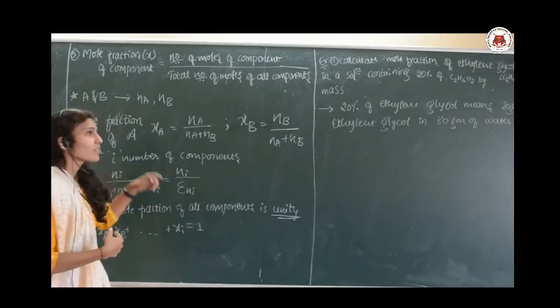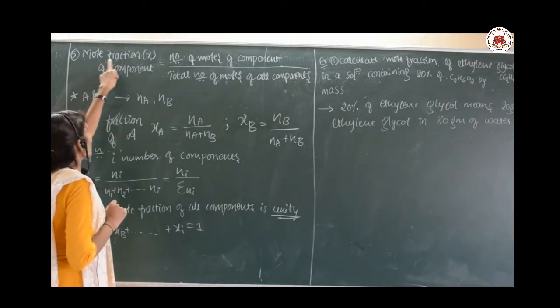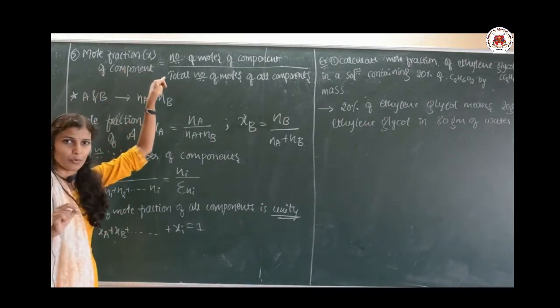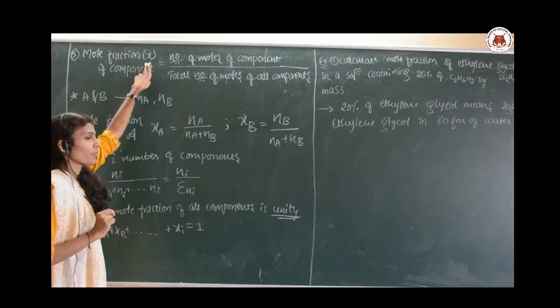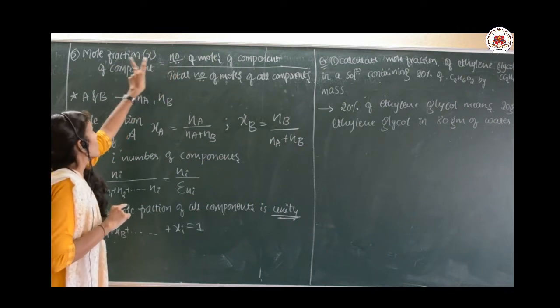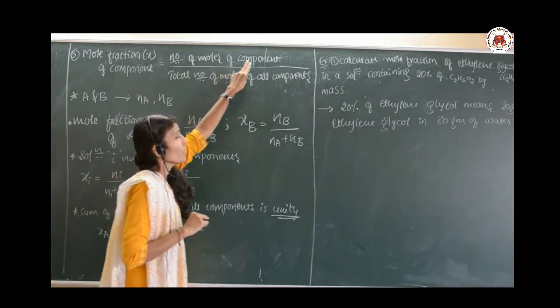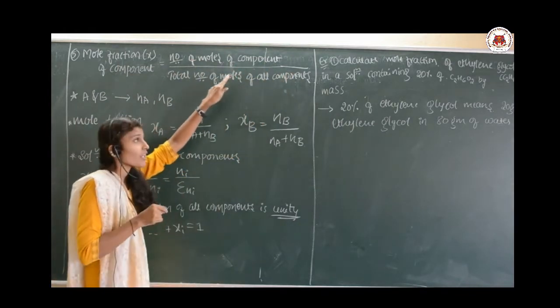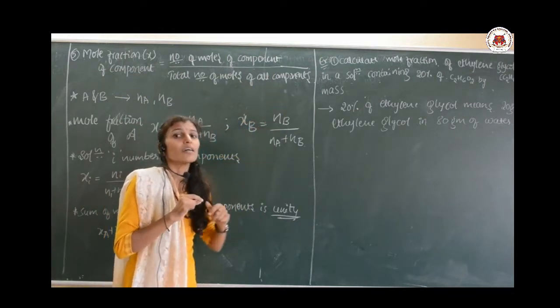Let's start one more concentration term, that is the mole fraction of a component. The mole fraction of a component is denoted by small x. Here the formula is: number of moles of the component divided by total number of moles of all the components.